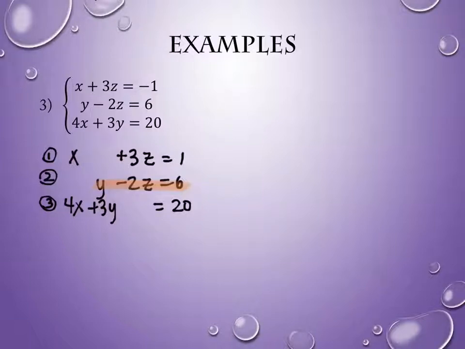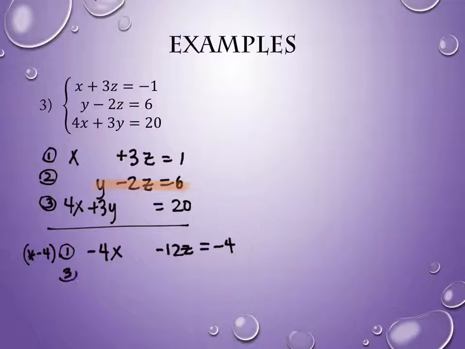Right, I need to multiply the first one by -4. So we're going to take the first equation and multiply it by -4. All right, so that's going to give me a -4x. I'm going to leave the blank spot since I've already done that. And then I've got -12z equals -4.